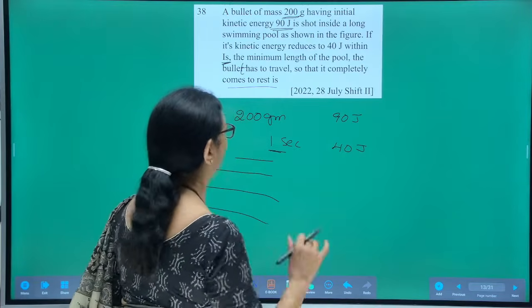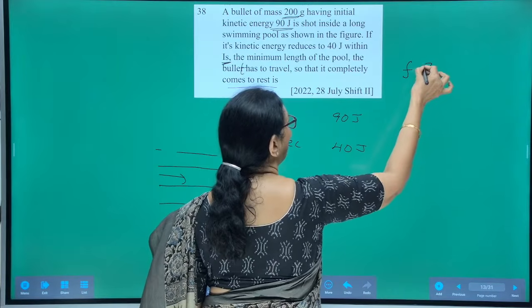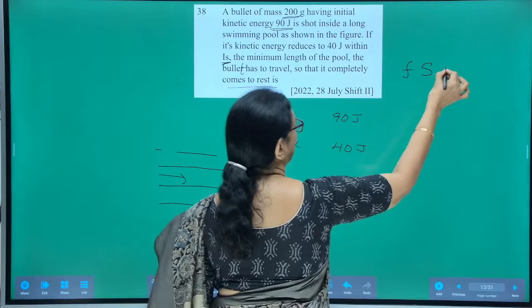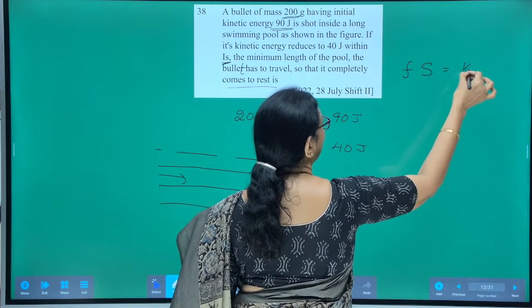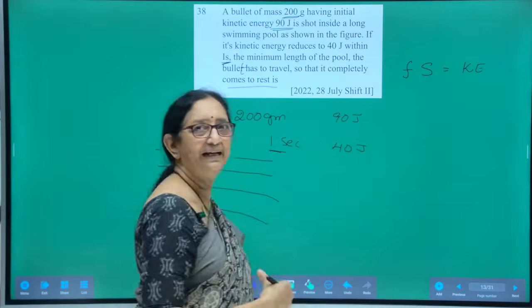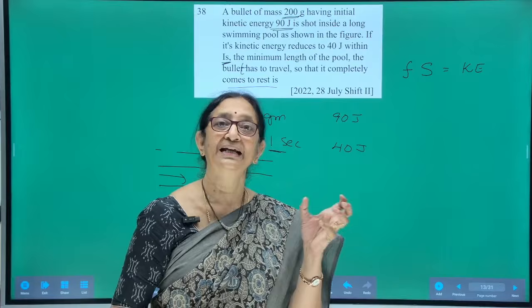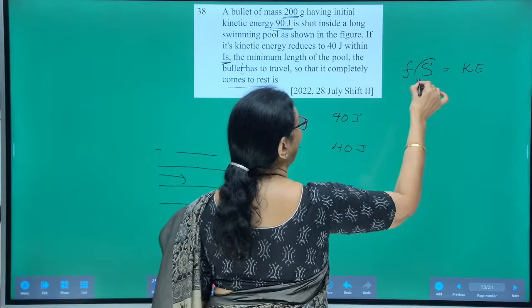So, the total distance travelled before it stops can be found from the relation: work done against friction is equal to lost kinetic energy. As finally it is coming to a stop, lost kinetic energy is equal to its initial KE. So, here you are supposed to find S.